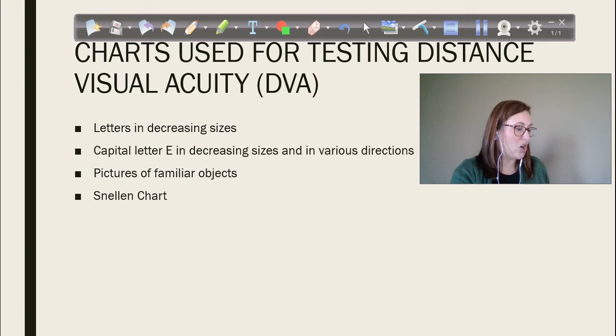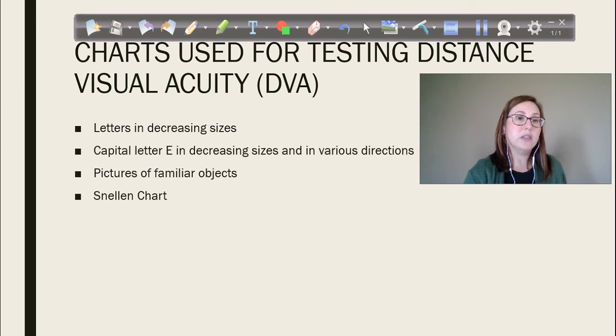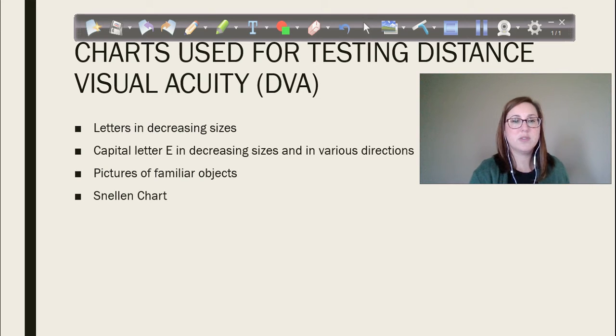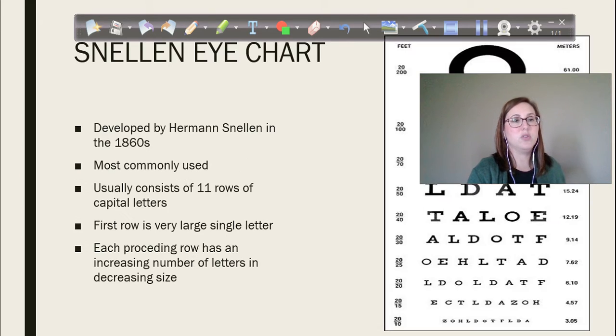The Snellen chart is the most common one. Usually we use those letters in decreasing sizes for our school-age kids and adults. The letter E can be used for preschoolers or people who don't speak English, maybe someone who's illiterate. Pictures of familiar objects you might use at preschool age, but you want to make sure they know what the objects are that they're looking at. Again, the Snellen chart is the most common form of testing. This is what you'll use. Well, you could use all of them.